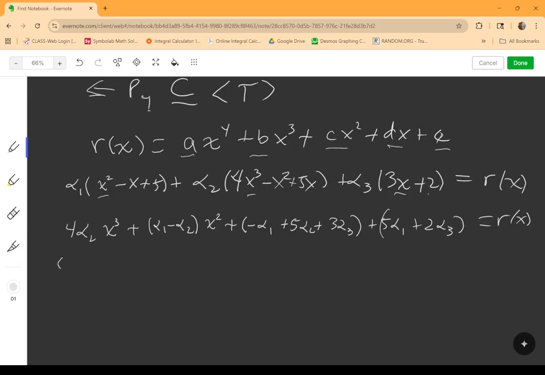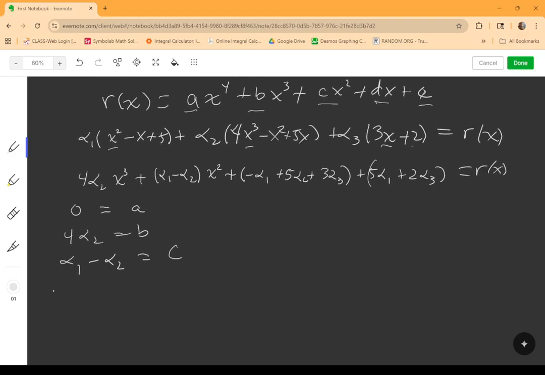If I do that, I get 0 equals A, 4 alpha 2 equals B, alpha 1 minus alpha 2 equals C, and then negative alpha 1 plus 5 alpha 2 plus 3 alpha 3 equals D. And then 5 alpha 1 plus 2 alpha 3 is equal to E.